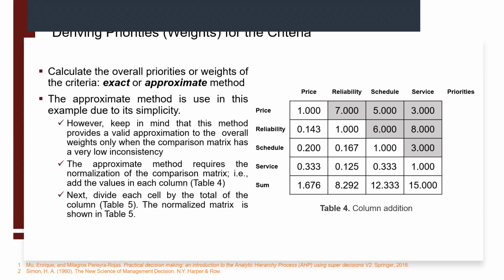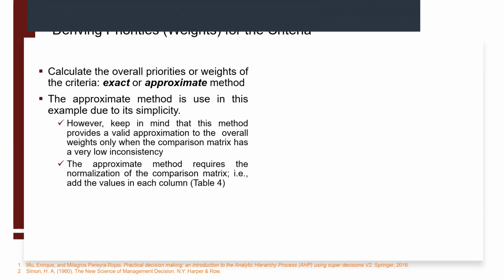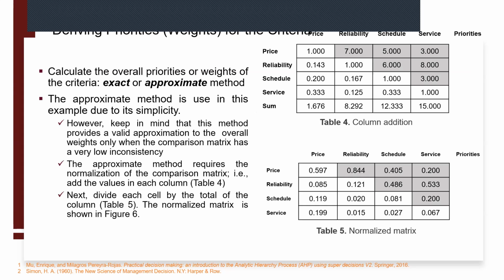The approximate method requires the normalization of the comparison, which we will do now. Okay, normalization. So in this column, as you can see, 7, the reciprocal will be 0.143, 1/7, a numerical value. And this is what we arrived at.